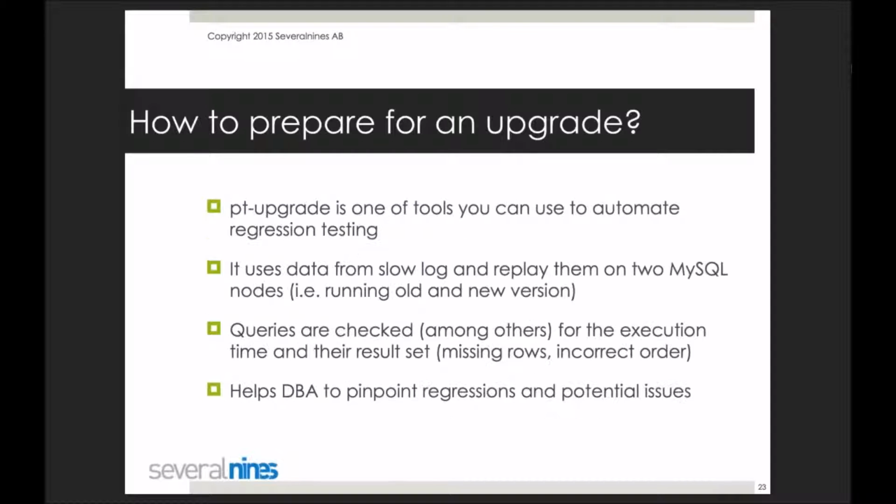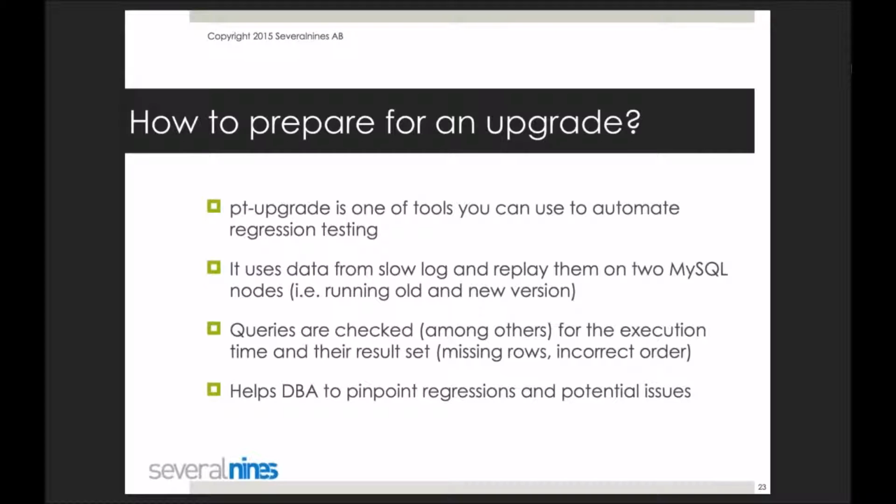One of the tools that you can use to automate some of the regression testing is pt-upgrade. This is a part of Percona Toolkit. This tool uses data from the slow query log, so you can either generate a slow query log explicitly, or you can also collect TCP traffic using tcpdump and then generate a slow query log based on this traffic.